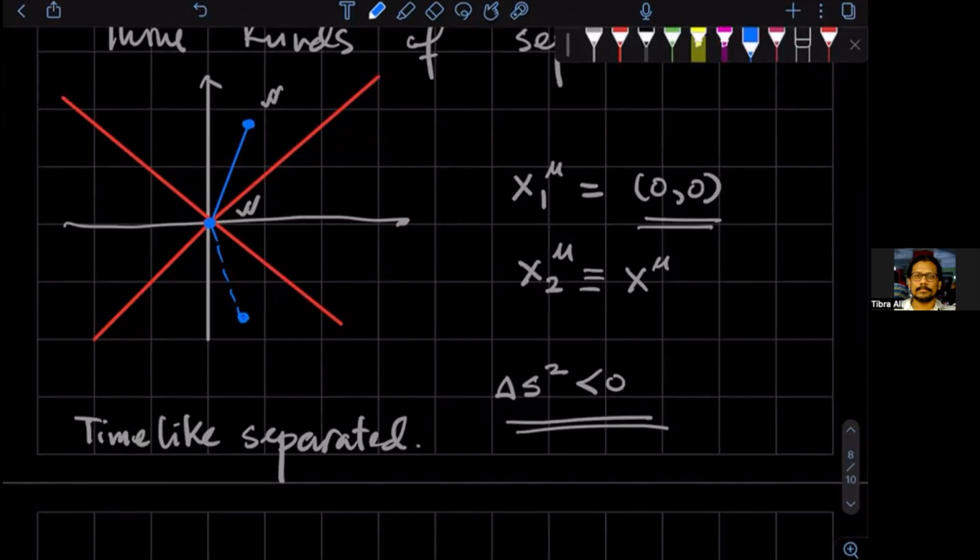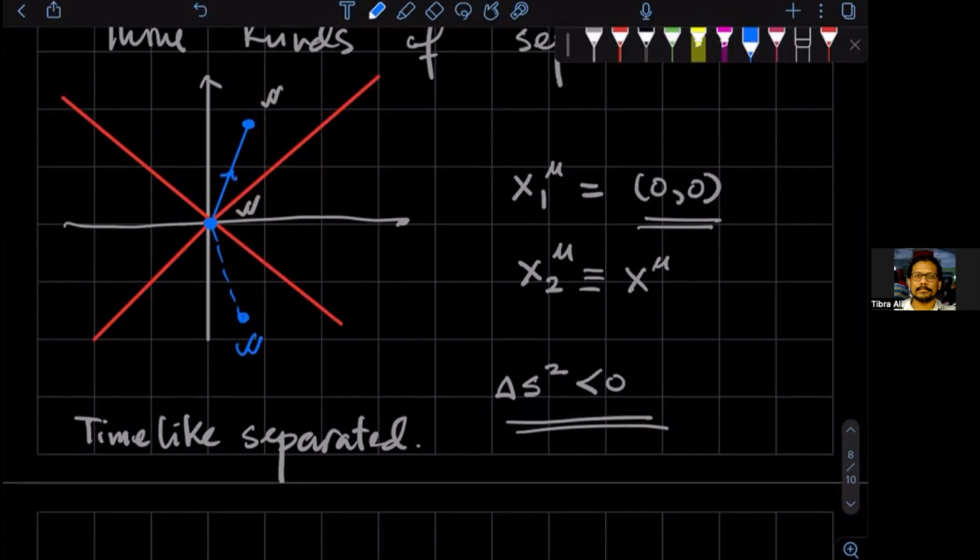But in that case, this point would be in the past of this point, right? So for time-like separated points, you could imagine a vector in this direction.